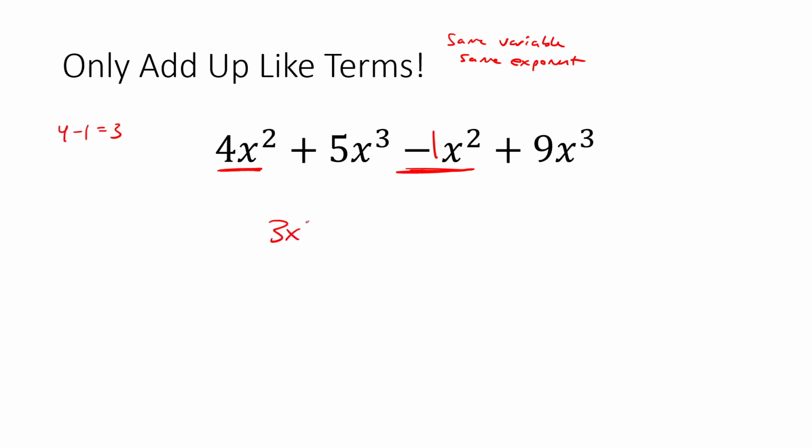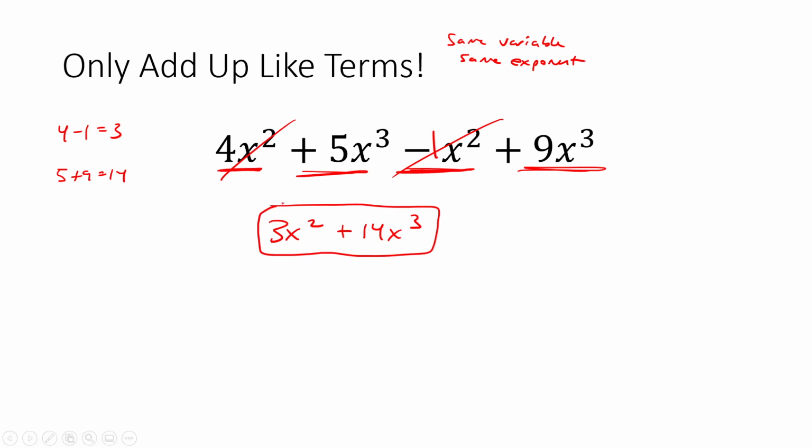And so we get 3x squared. Cross them out if you want. Leaves us with 5x cubed and 9x cubed. 5 plus 9 gives us 14. And you're done. There's nothing you can do to combine those any further. If you did, it would be wrong.